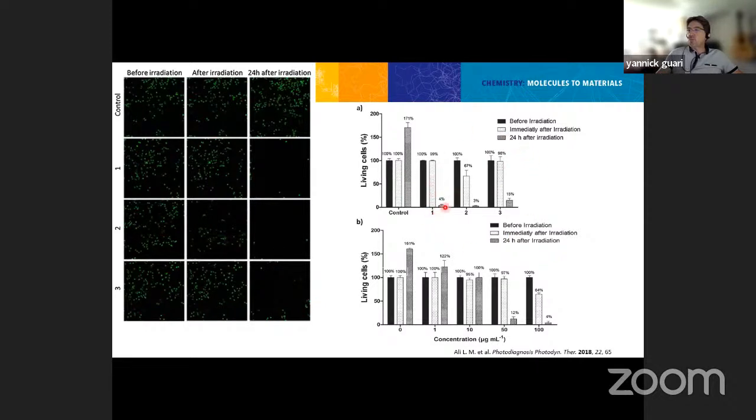You can see that for Prussian blue and Prussian blue with a low amount of manganese, after 24 hours, we obtain almost the same amount of dead cells. The important thing to notice is that for the Prussian blue nanoparticles with a low amount of manganese, we already observed quite a large amount of dead cells immediately after irradiation.